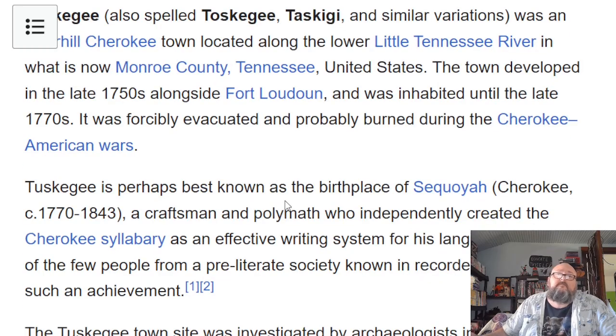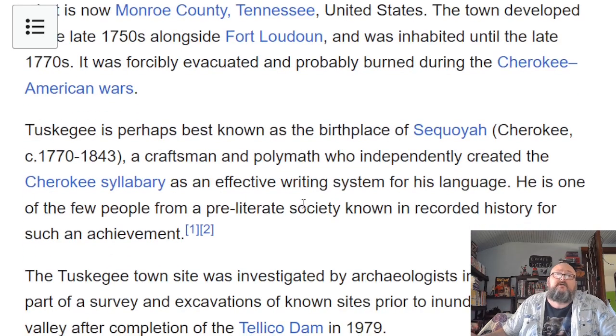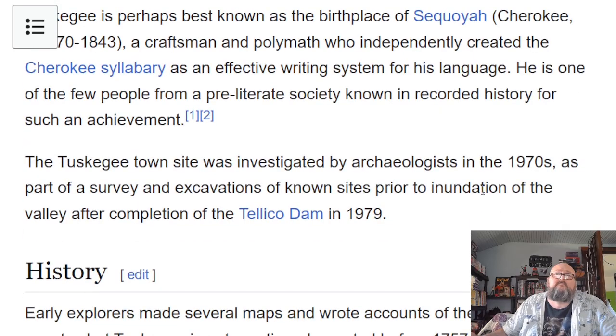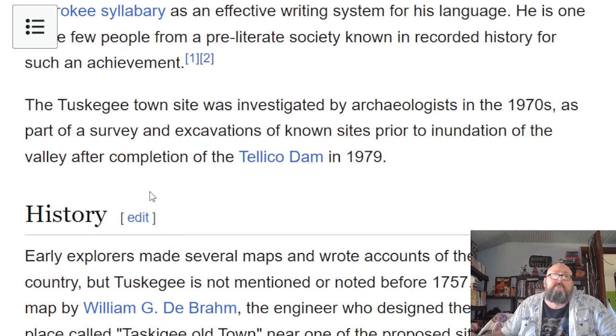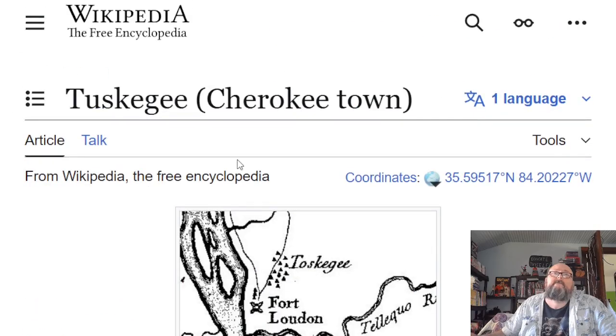It is best known as the birthplace of Sequoyah. It was investigated in the 1970s as part of a survey and excavations of known sites prior to the inundation of the valley after completion of the Tellico Dam in 1979. So yeah. Interesting.